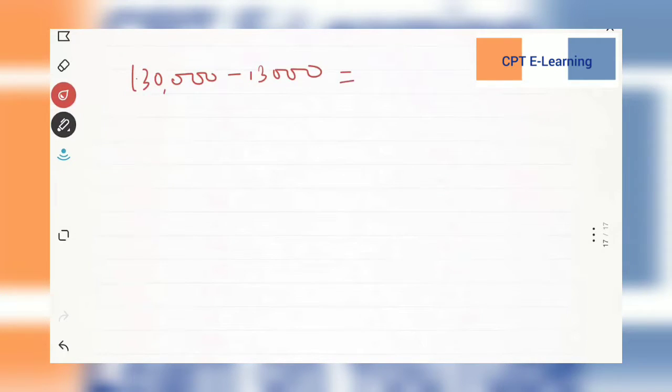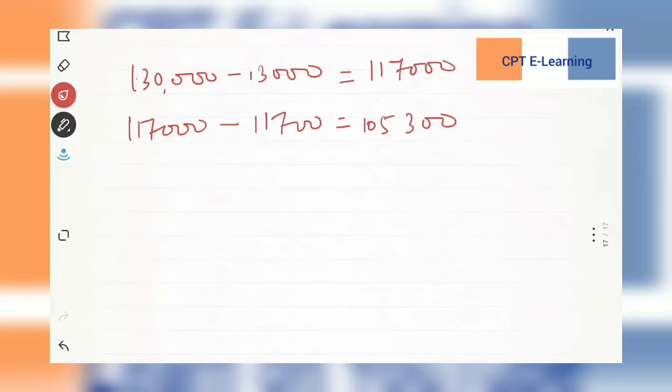So what will be the balance that will be remaining with me? So the balance will be 1,17,000. The next year I will do 1,17,000 into 10%. That will be 11,700, which will again give me 1,05,300. The next year is 1,05,300 minus 10%, which will be equal to 10,530.